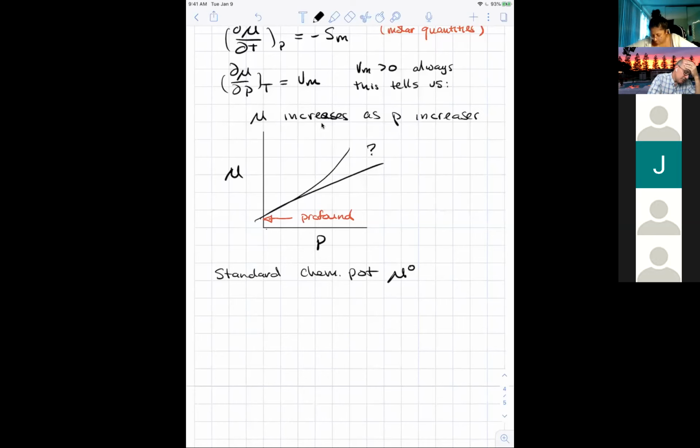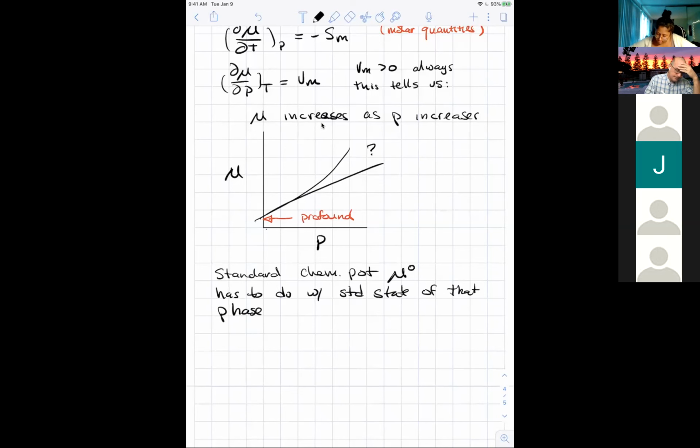And it's going to have to do with the standard state. So the standard chemical potential is going to depend strongly on the state or the phase, right?